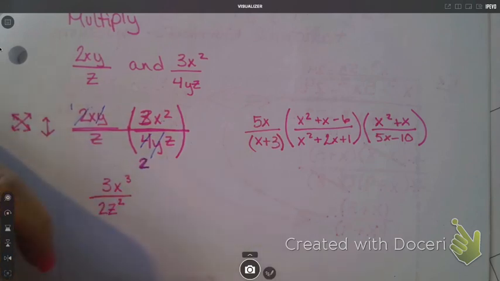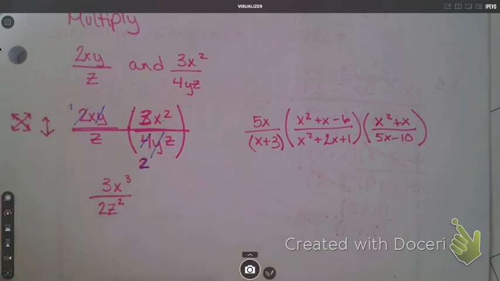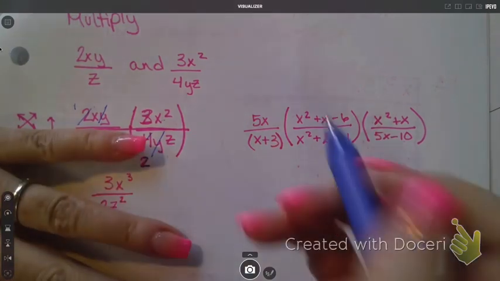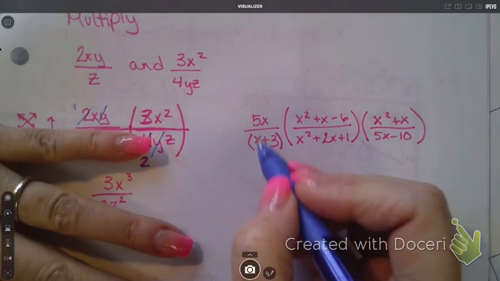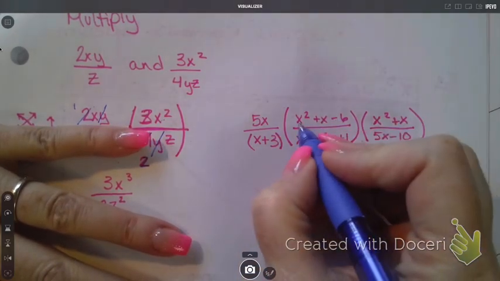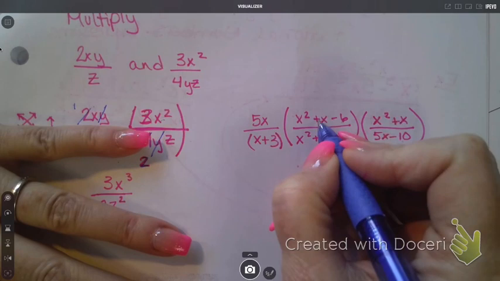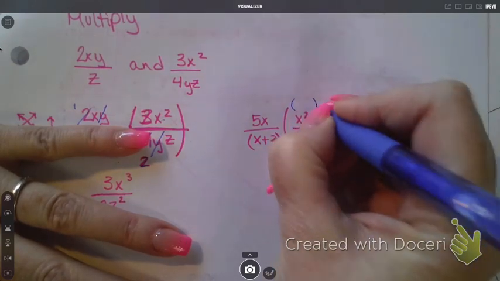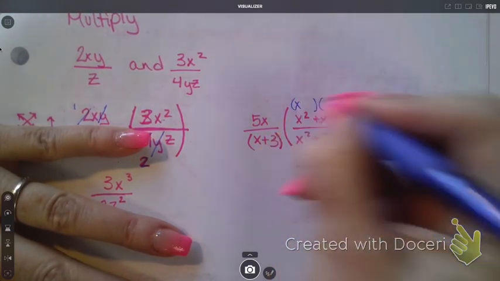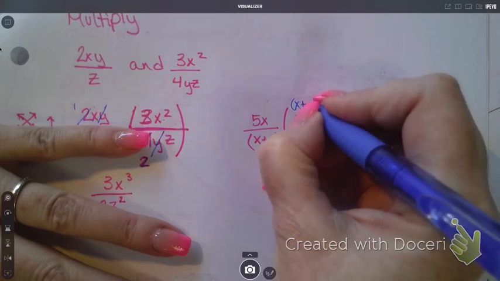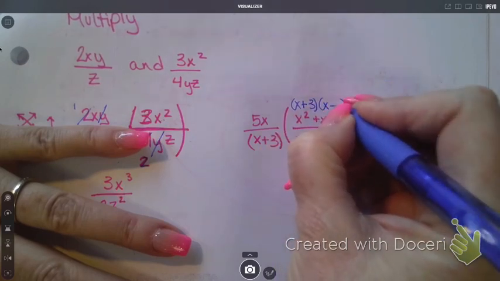And in order to simplify, I need to factor. Factor all that. So, well, this one's taken care of, isn't it? Yeah. Okay. Well, factors of 6 that have a difference of 1. 3 and 2. Okay, so x plus 3, x minus 2.